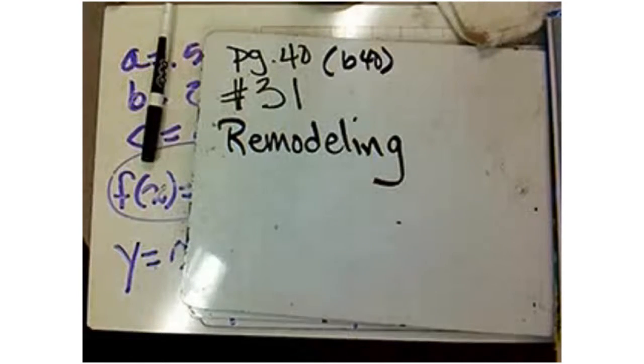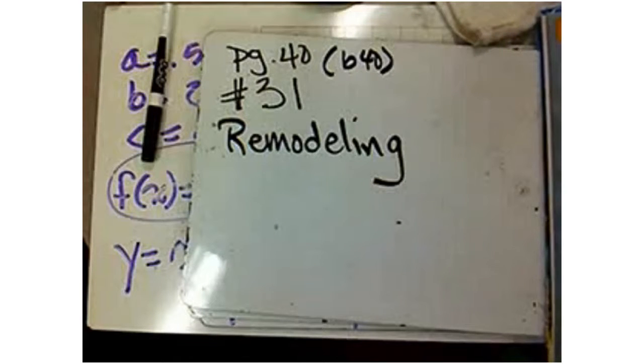We're going to take a look at this problem as mathematicians. Who would like to read it? Tabitha. Remodeling. A remodeler charges $3.25 per square foot to refinish a wood floor. How much would it cost to refinish a wood floor that measures 30 feet by 18 feet?